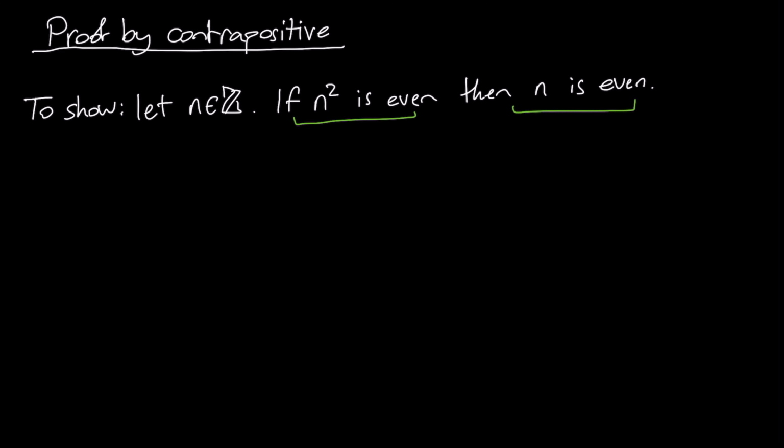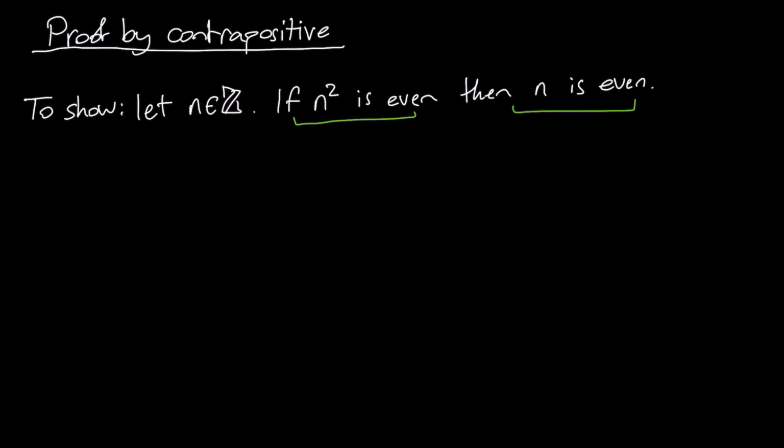I want to prove that if n squared is even, then n is even. So this looks very similar to what we wanted to prove in our first video on direct proof. But it is slightly different. Here I can only assume that n squared is even, and I have to show that that means n is even.